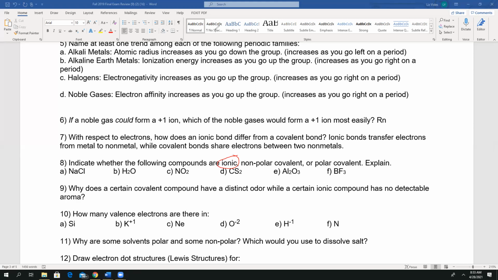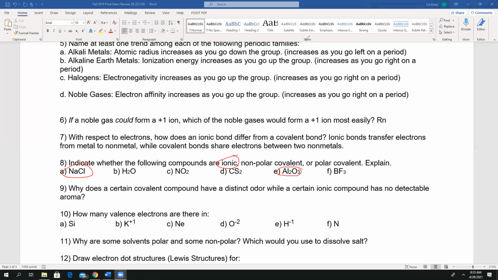How do we know? Well, we have to have a metal and a non-metal. Where else do we have a metal and a non-metal? Right here, right? Are those the only ones? Yes. Now, the next thing is to do the non-polar.